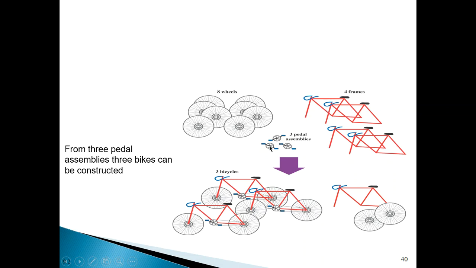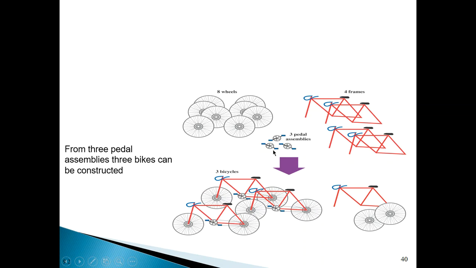But the thing is, we don't have enough pedal assemblies because in order for us to use up all the wheels and all the frames, we're going to need 4 pedal assemblies, but we have only 3. So therefore, the only thing we can do is use up all the 3 pedal assemblies. Those 3 pedal assemblies will use up 6 of the 8 wheels and 3 of the 4 frames. So therefore, the total amount of bicycles that will be manufactured would be 3 bicycles, right?